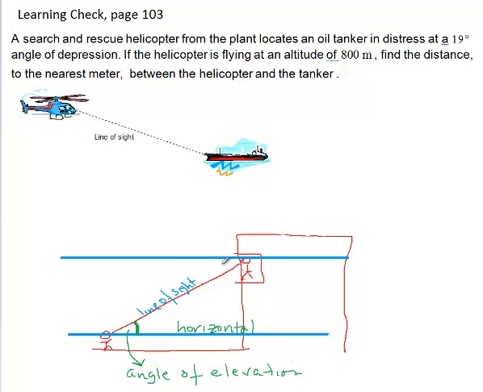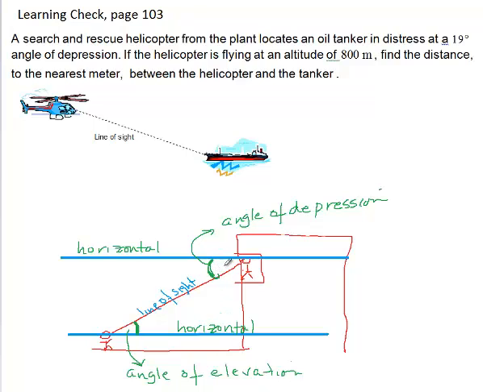The angle of depression is the same angle. It's this angle here looking down, and these are equal angles because this is also along the horizontal, and the line of sight. So one is called an angle of depression, and again it's along the horizontal line, with the line of sight.